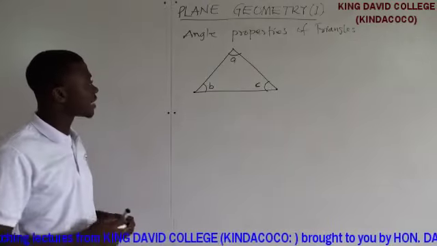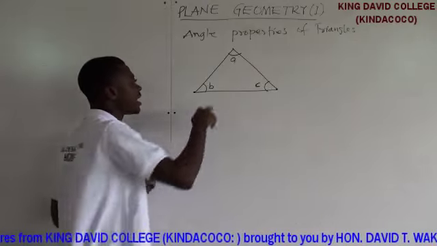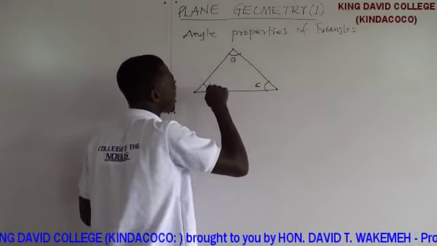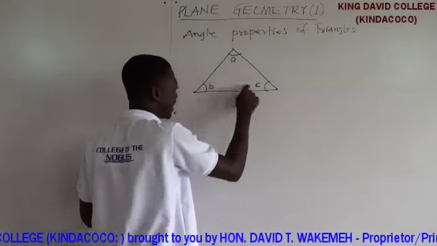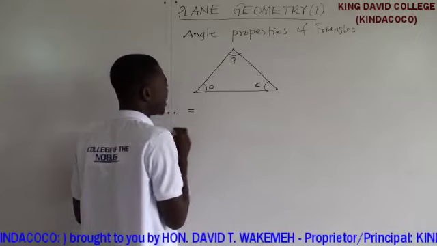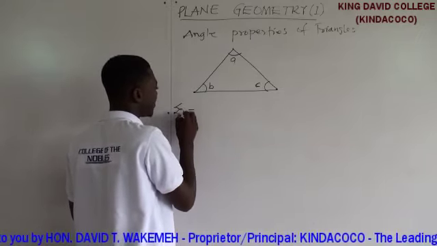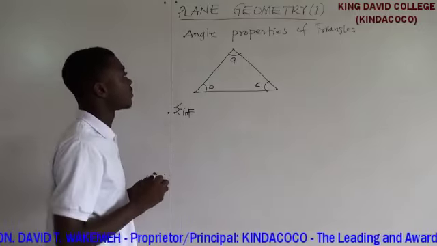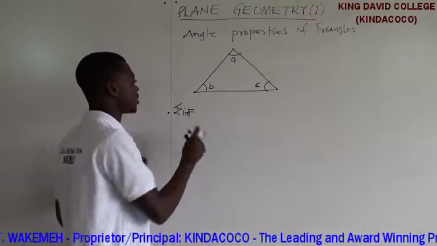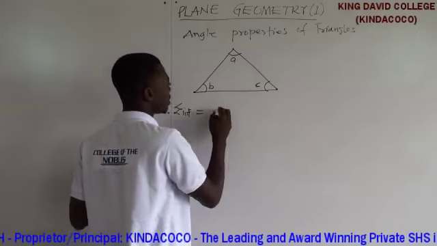Then for a triangle, the total interior angle, if you sum this interior plus this plus that, it should always give me 180 degrees. So the sum of all the interior angles of a triangle should be equal to 180.